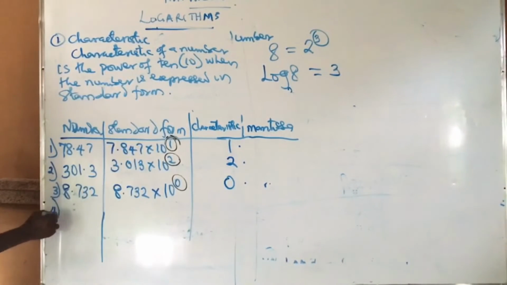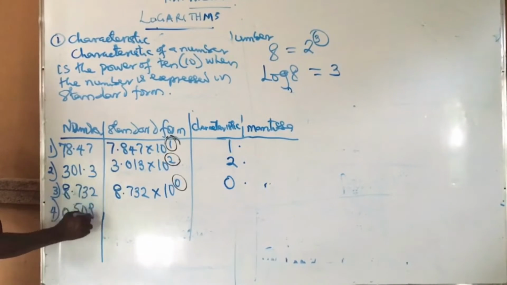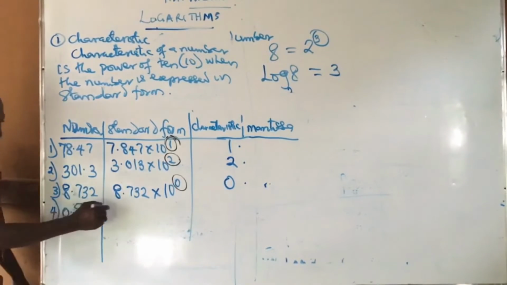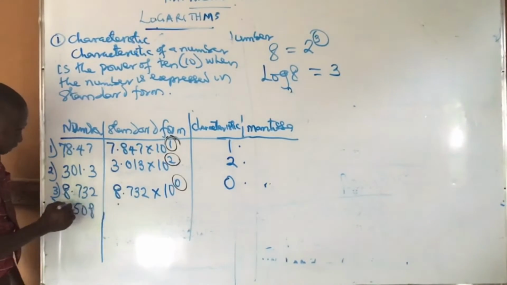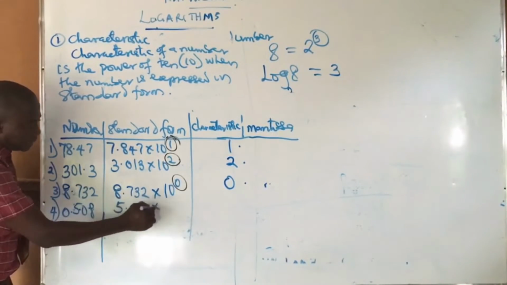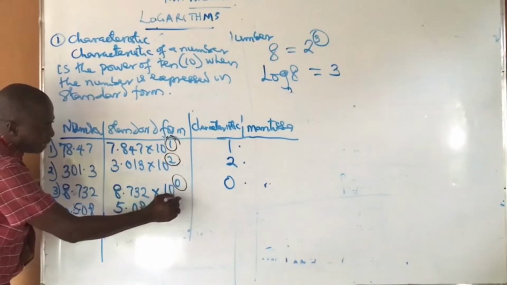Number 4, 0.508. How do we write this one in standard form? We shift the decimal point forward once, 5.08 times 10 raised to power minus 1.